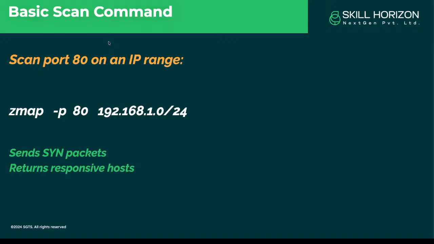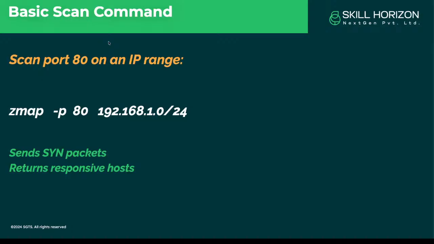In masscan you are also using that, right? Zmap is also using the same options. So if you want to scan port number 80, a single port on a particular target or an IP range, you can provide your target like this: Zmap, then -p, then whatever port number you want to scan, and then your range or subnet or IP or large subnet, whatever you have as a target, you can provide it here.